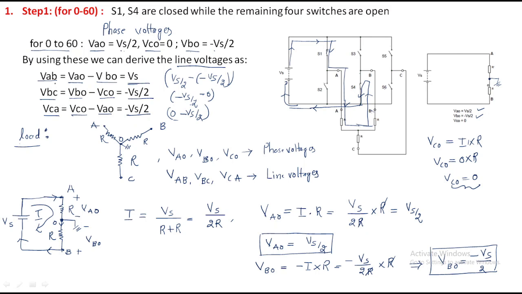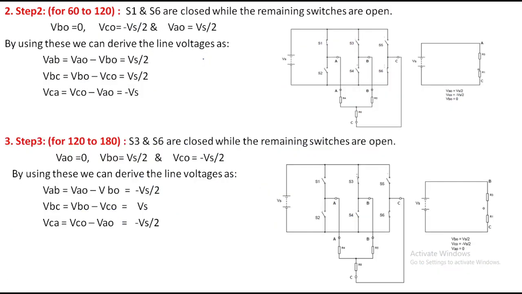That's why the line voltages are VAB equal to Vs, VBC equal to minus Vs by 2, and VCA equal to minus Vs by 2. So this is the procedure to find the phase voltages as well as the line voltages for each step. This is for step 1.